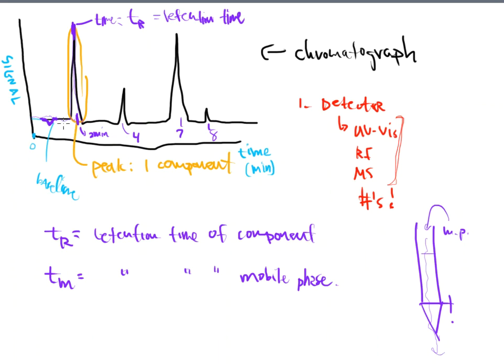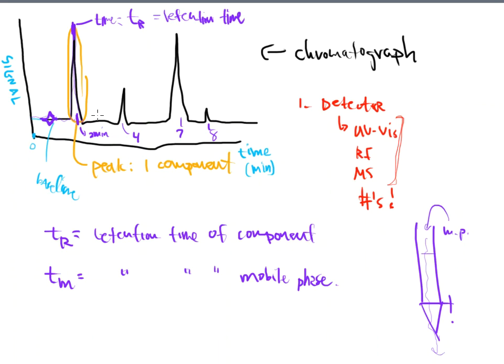So some of these are a dip that goes down. Some of these are kind of a dip or a peak that goes up, but it will be very, very little, very, very tiny. That is not a component. That is the time that it took for your mobile phase to literally run through the column and out the other end. Columns can be short, columns can be long, and that is going to play a factor in how fast the mobile phase can actually go from point A to point B without getting held back.